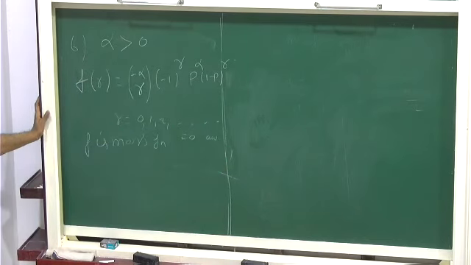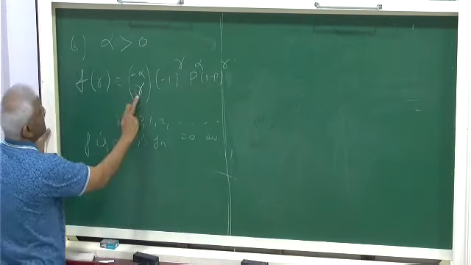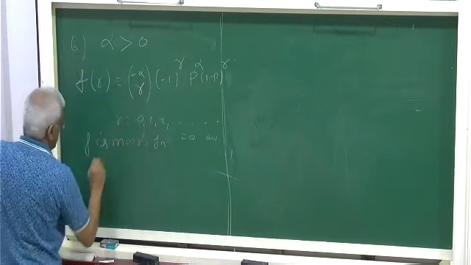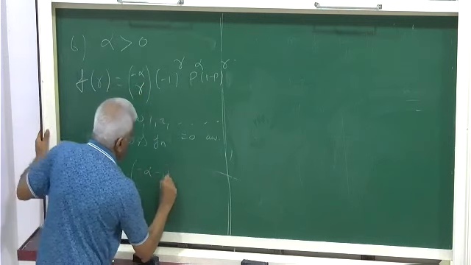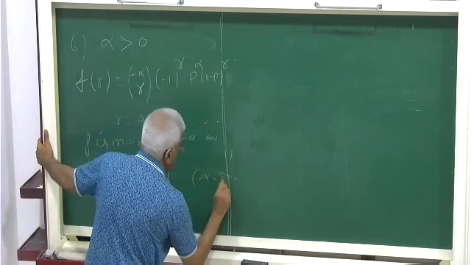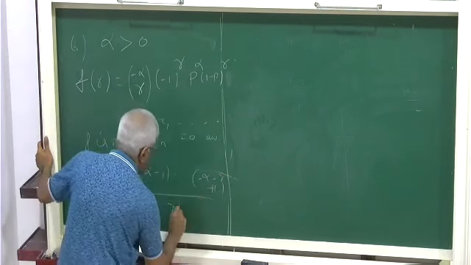It is positive only at countably many points, and you have to verify it is positive. It is positive because there are r number of terms: minus alpha, minus alpha minus 1, up to minus alpha minus r plus 1, divided by r factorial.